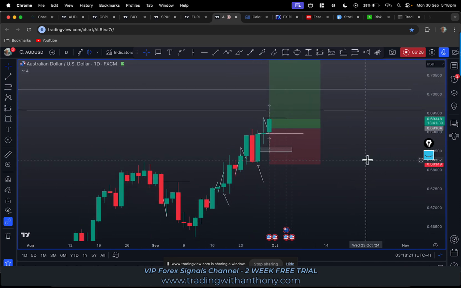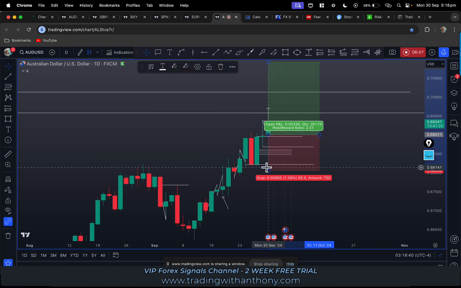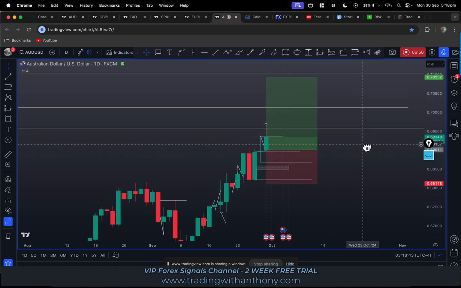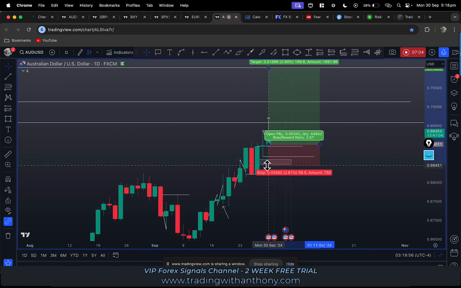Something like that on the daily time frame could work. Actually, it's a pretty wide stop. We've got the previous daily low here, and prior to that, these under here. If I'm trading this on the daily time frame, I'd probably set up a limit buy, something like that, and go for 2.24R.